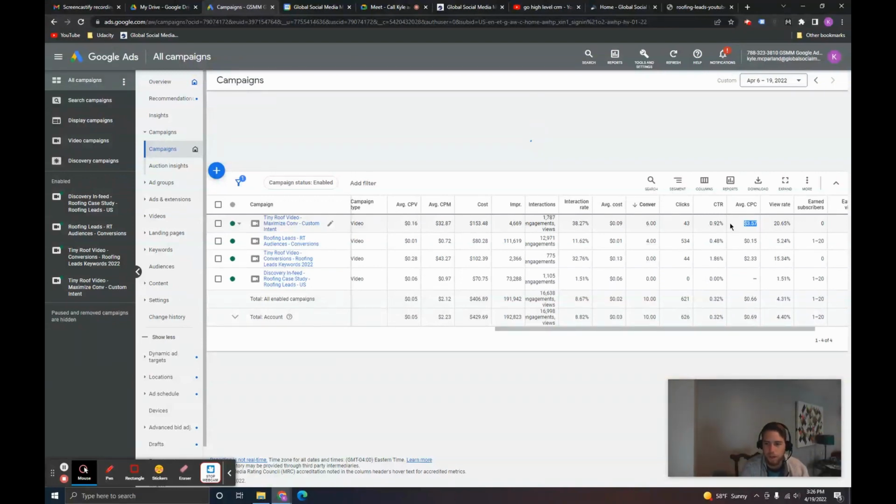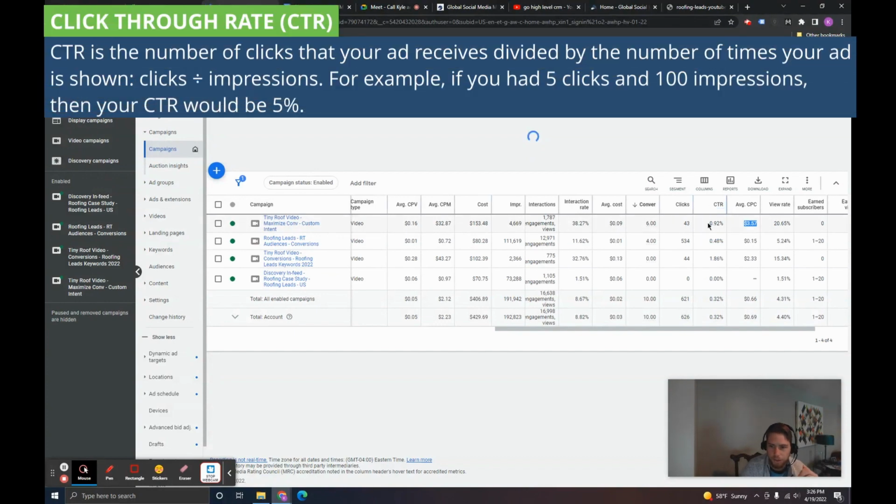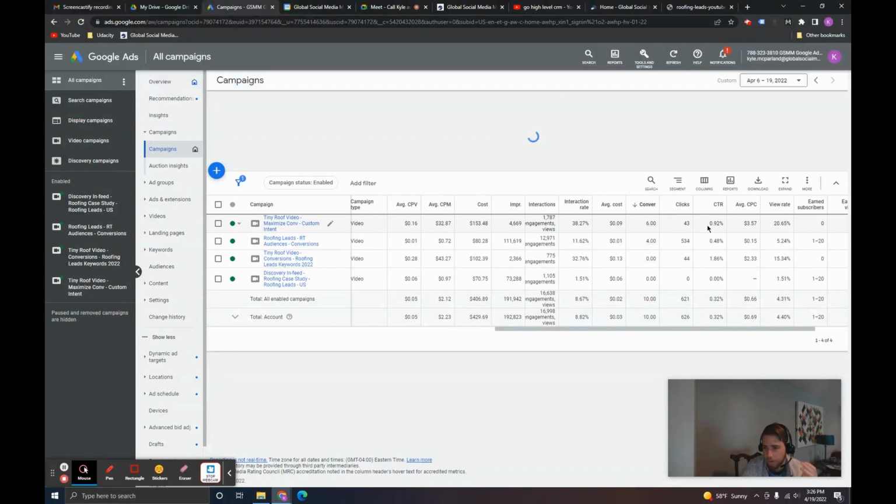Another important metric is the click-through rate. The click-through rate is the ratio of how many times people see the video to how many people are actually clicking on the video. So the higher this percentage, the better. Typically, click-through rates around 1% are fairly standard, so this isn't far off.